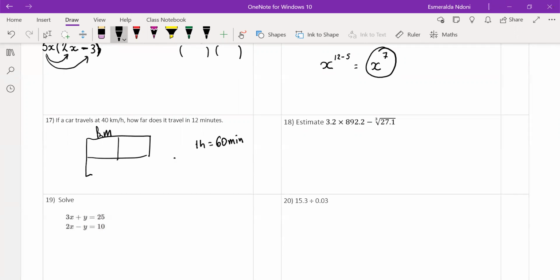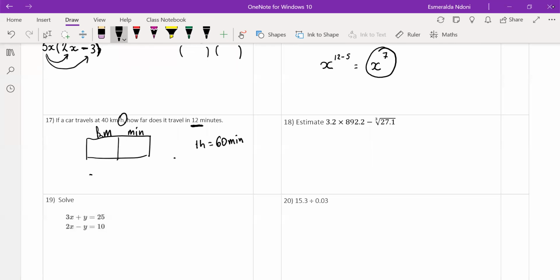So it's very useful to use minutes instead of hour, because we have on our question 12 minutes and we have 1 hour. So we need to convert the units to be the same. Otherwise, we'll find it very difficult to work out the question.